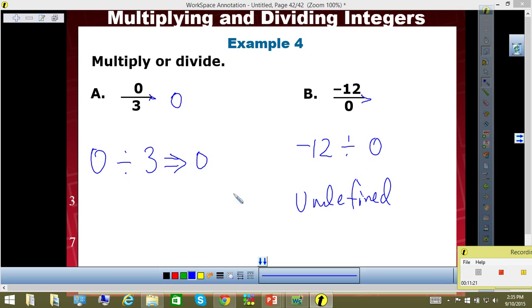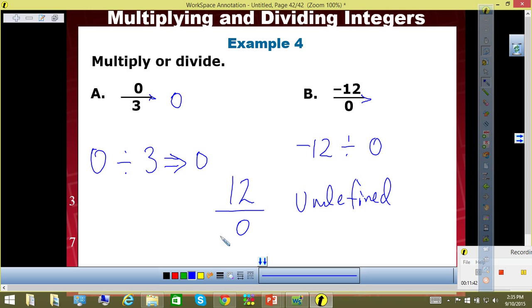Let's say there are $12 on the table. There they are. But there's nobody around. And you want to divide it between 3 people. I mean, between 0 people. Does that make sense? Wouldn't it just be 0? It's not 0 because the $12 exists, right? But there's nobody around to divide it, so therefore it's undefined.